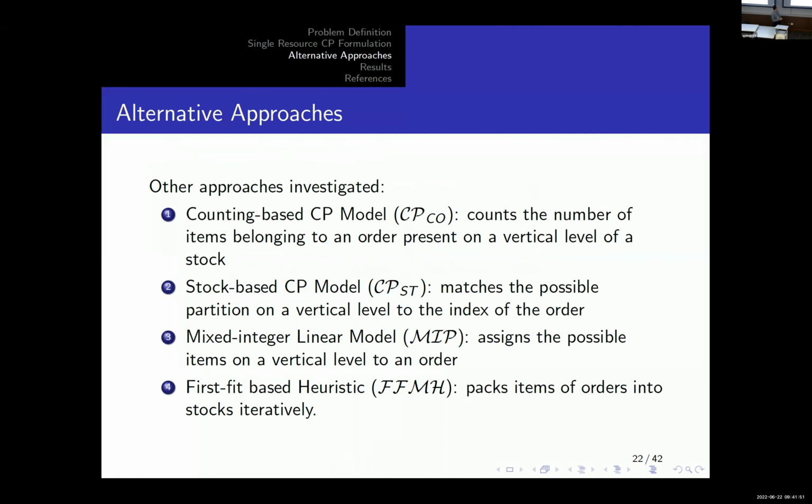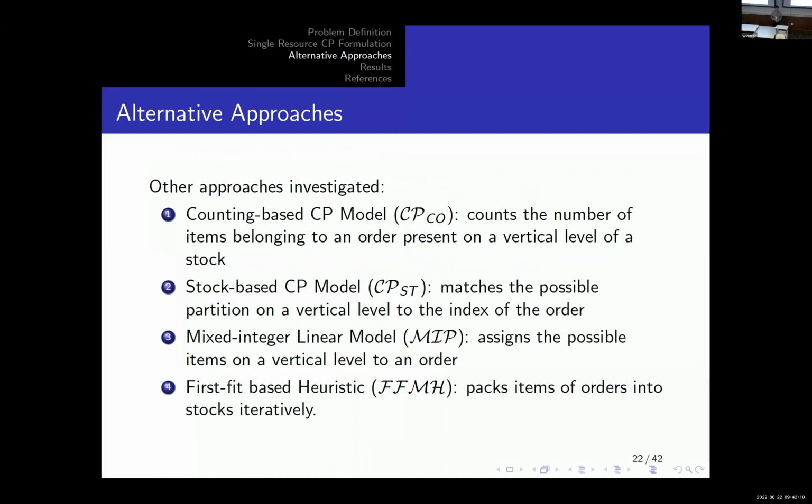We also looked at a mixed integer linear model that essentially uses binary variables to assign possible items on vertical levels to orders. And we looked at a first fit based heuristic that packs items of orders into stocks iteratively on a first fit basis.